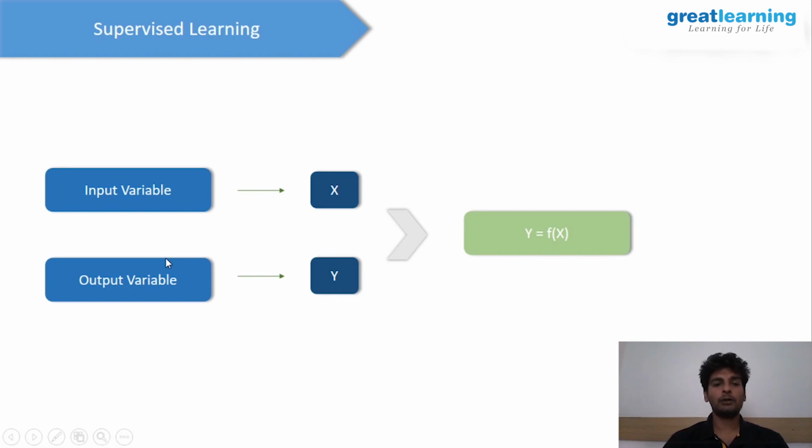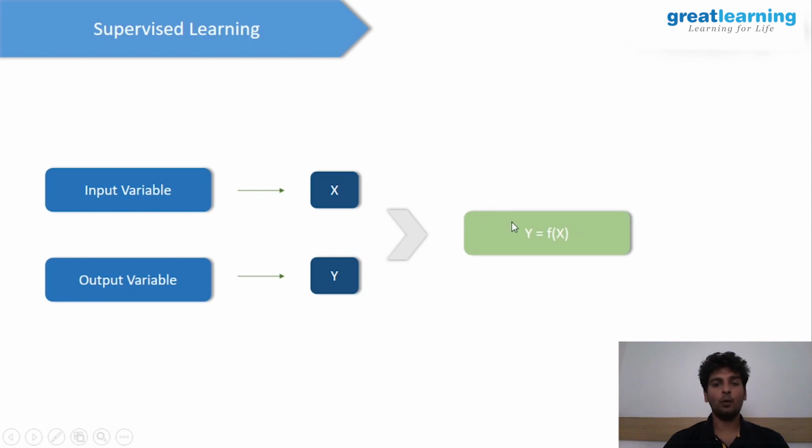And these output variables are denoted with Y and the input variable is denoted with X. So these output variables are also denoted as dependent variable and this input variable is also known as an independent variable. And we are trying to determine how does an output variable change with respect to an input variable, or basically how does a dependent variable vary with respect to an independent variable.